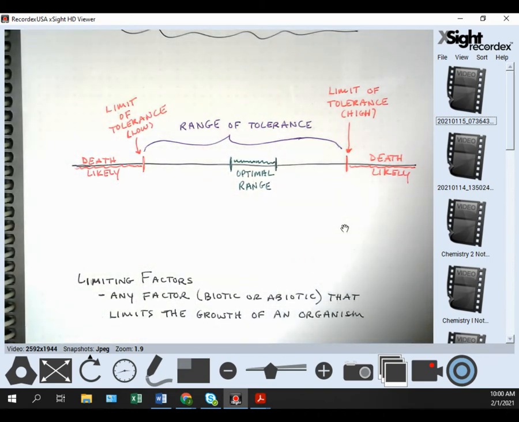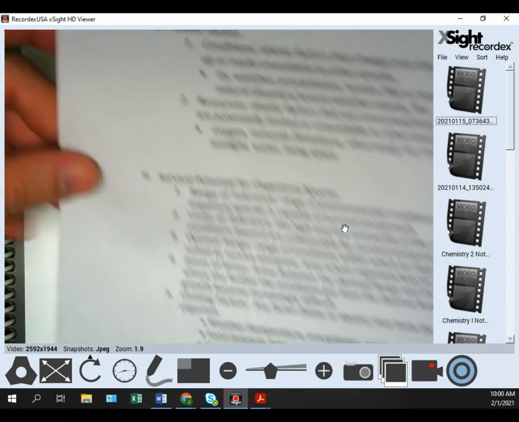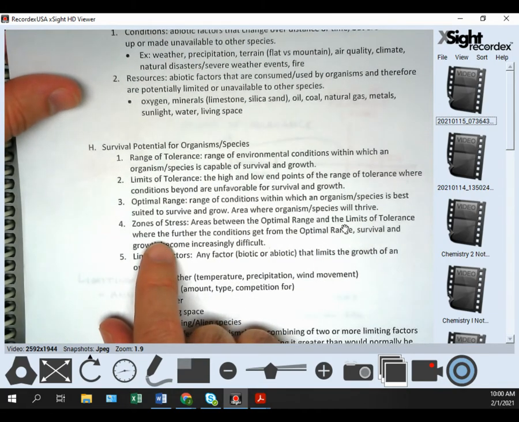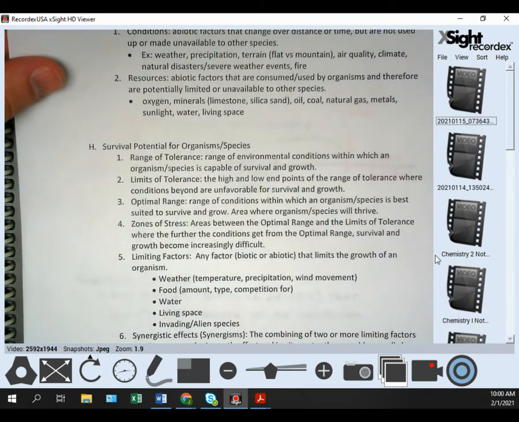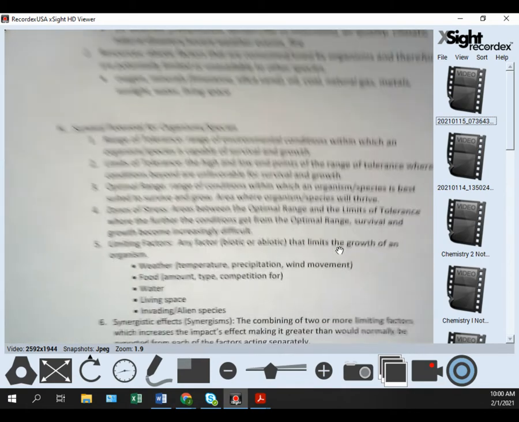So then the third part of this is what are called zones of stress. It's areas between the optimal range and the limits of tolerance where the further the conditions get from the optimal range, survival and growth becomes increasingly difficult.